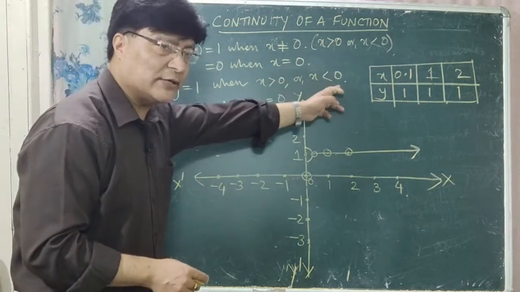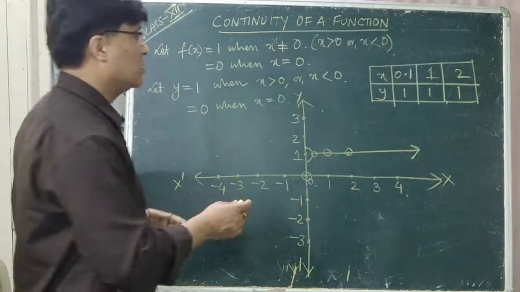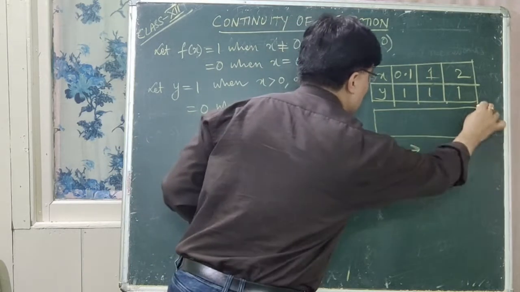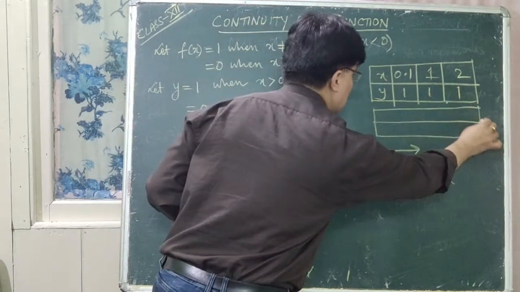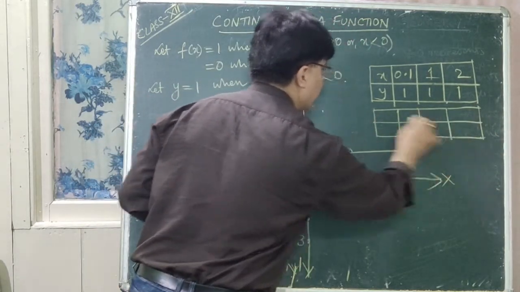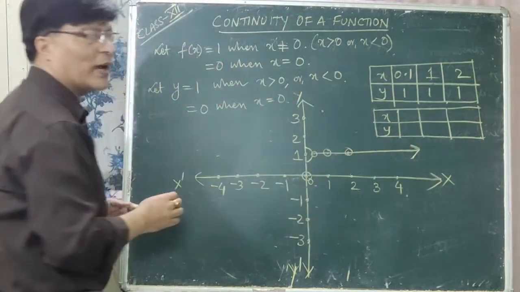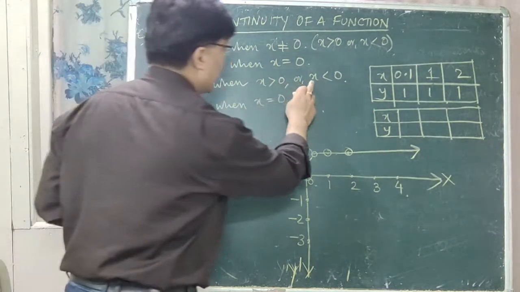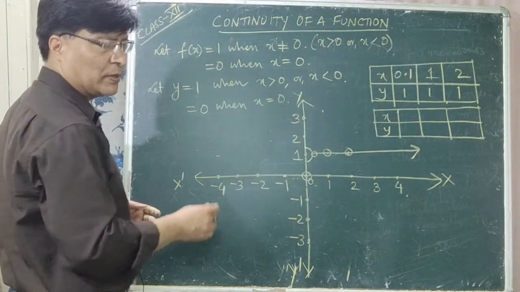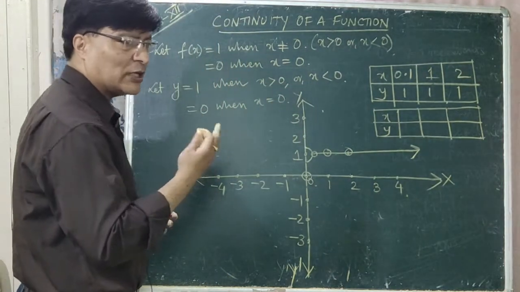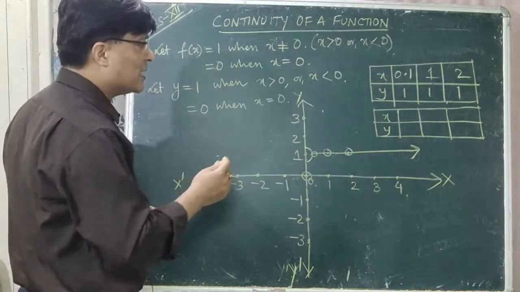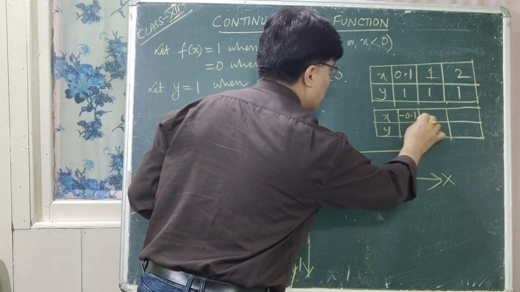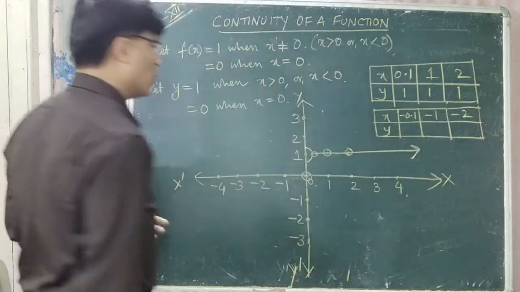So next, now let us draw the graph of x less than 0. If x less than 0, then it is y is equal to 1. So let us draw the table out here again. This is x and this is y. So what is the value for x here? x is less than 0, that means x is exactly not equal to 0. x less than 0 means it may be minus 0.1, minus 1, minus 2 and so on.